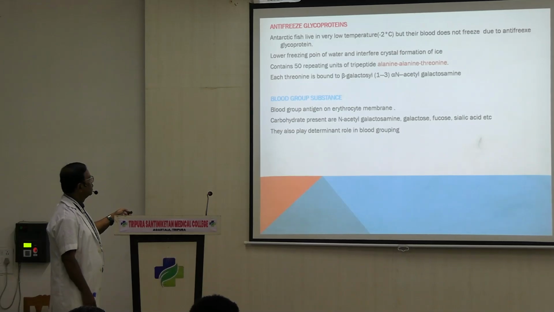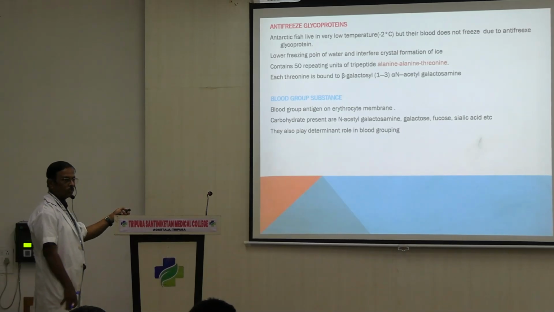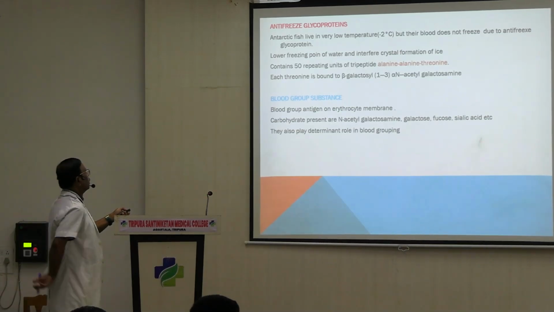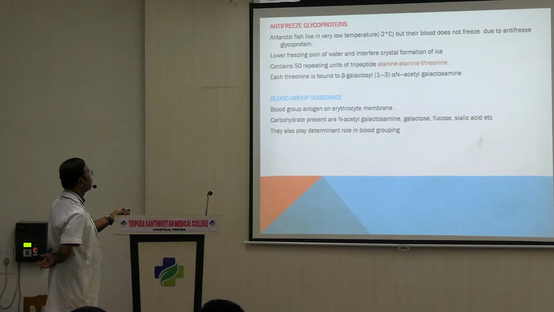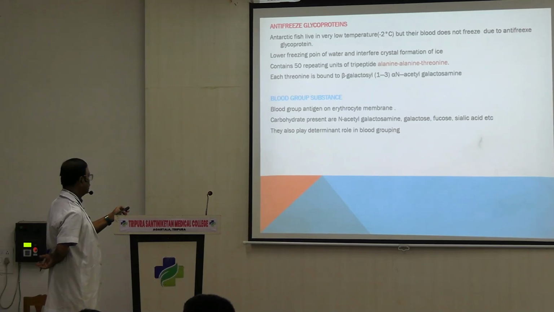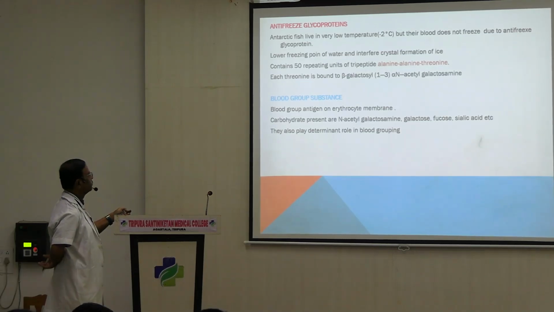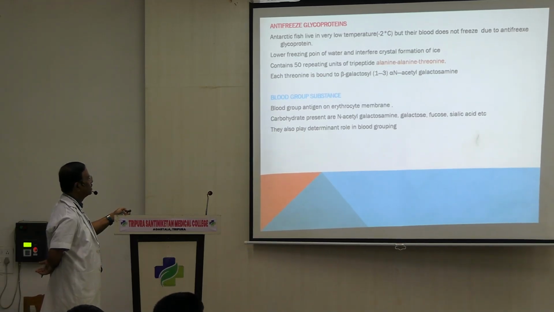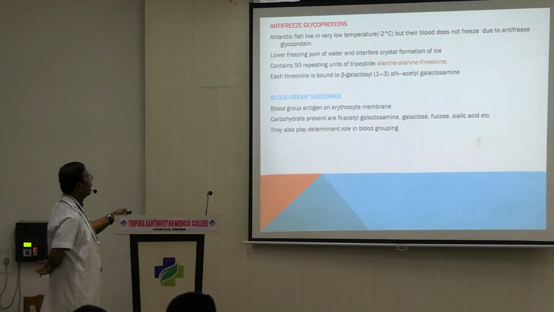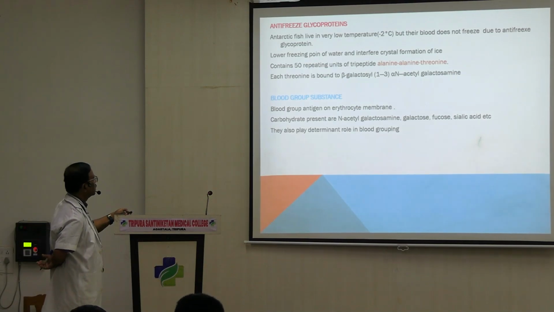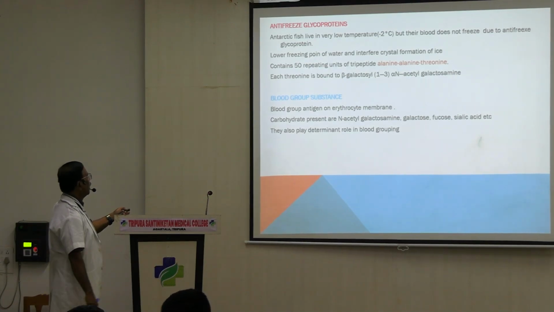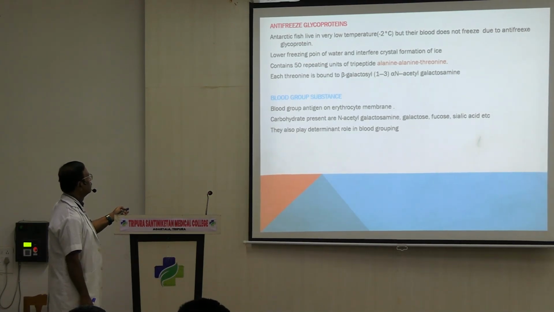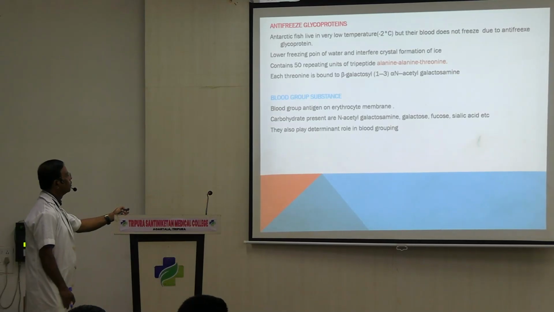It prevents freezing or crystallization of water. It contains about 50 repeating units of the tripeptide alanine, alanine, threonine. Again, threonine is bound to beta galactosyl 1,3-N-acetyl galactosamine, and this compound acts as an anti-freezing compound.